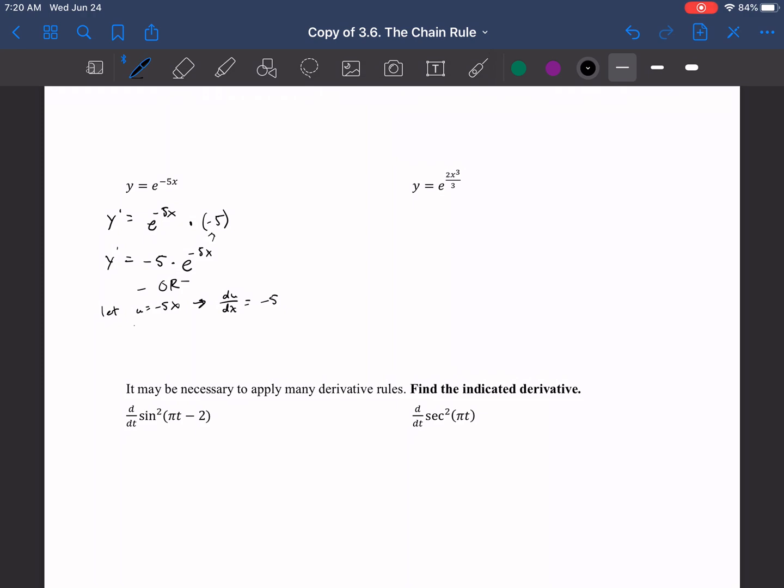And then we say y equals e to the u, and so dy du is just e to the u, and so dy dx, which is our y prime, is dy du times du dx. dy du is e to the u times du dx, which is negative 5. So this is negative 5 e to the u, and remember, u is negative 5x, so negative 5 e to the negative 5x.